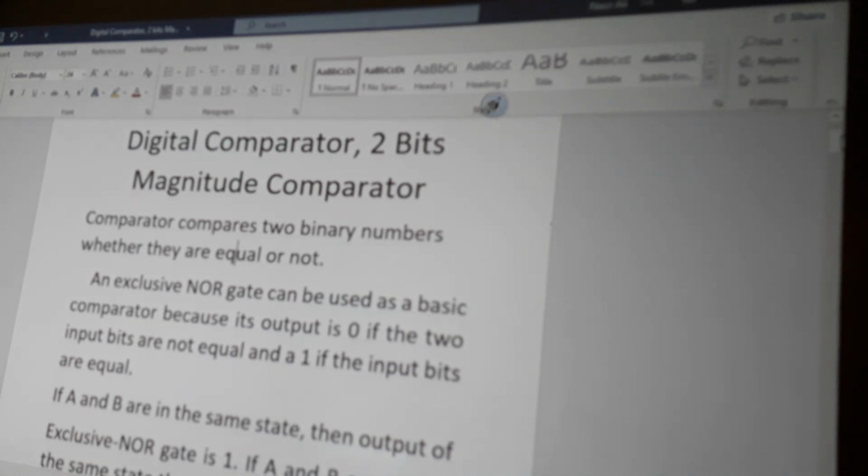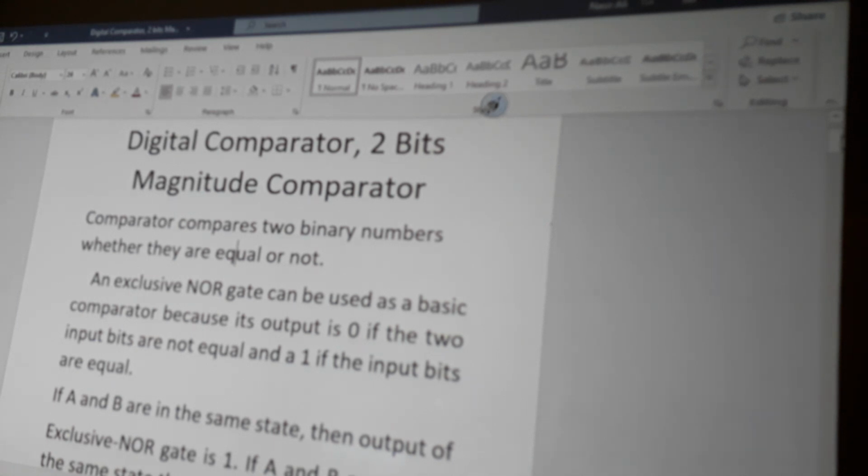A magnitude comparator is one in which we have three outputs. If we have two numbers A and B, A is equal to A1 A0 and B is equal to B1 B0, which shows that each number is of 2 bits.